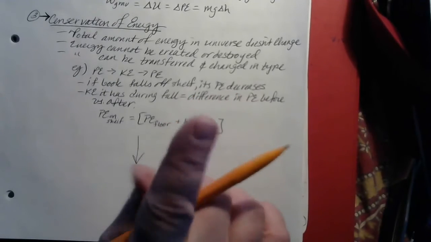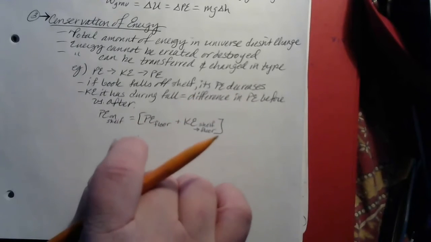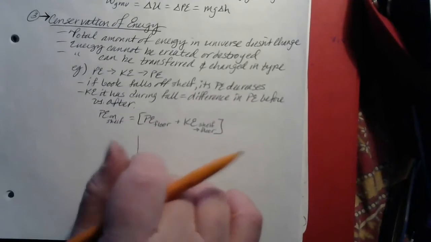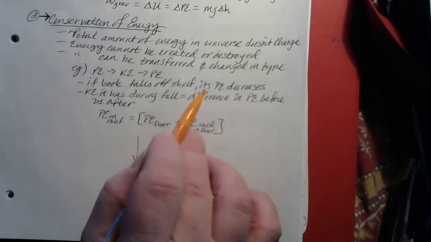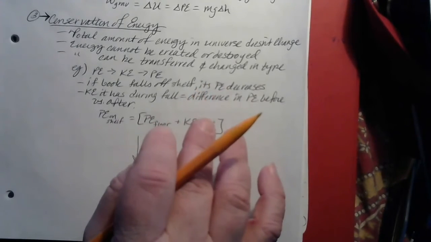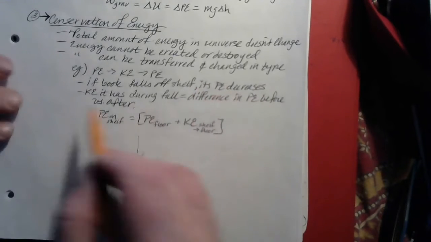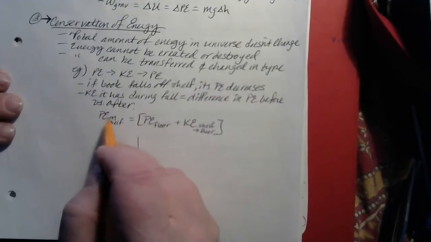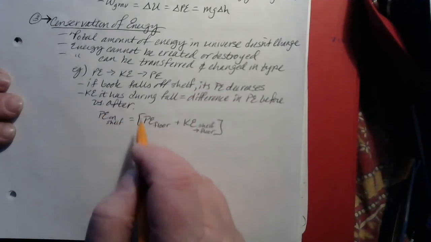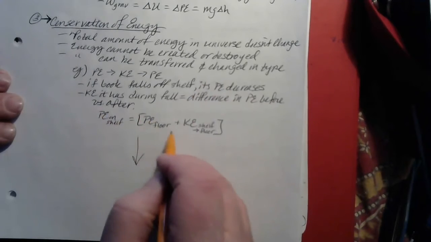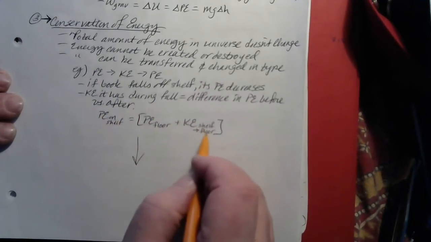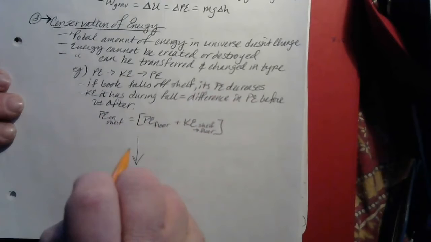And as it turns out, the kinetic energy that the book had while it was falling is exactly equal to the difference between the potential energy when it was up on the shelf and the potential energy now that it's on the ground. Or in other words, the potential energy on the shelf is equal to the potential energy on the floor plus the kinetic energy in going from the shelf to the floor.